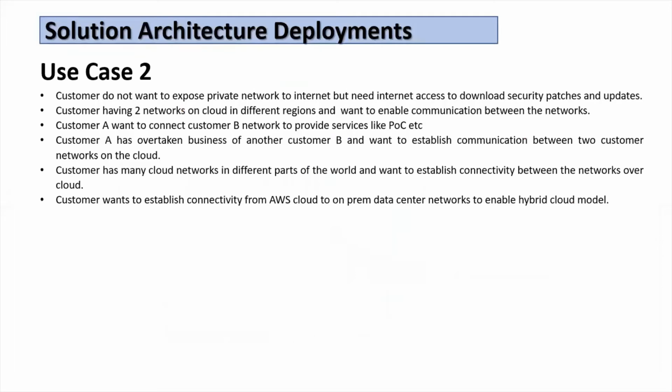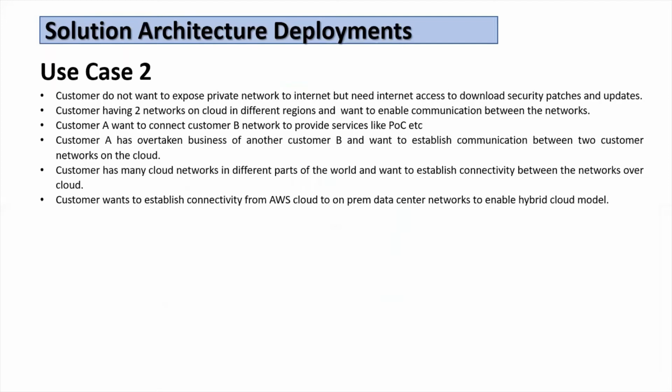In this use case, we will cover use cases related to network connectivity. These use cases come into the picture when a customer onboards and wants to enable communication with other customer networks or their own networks in different parts of the world over the cloud infrastructure.